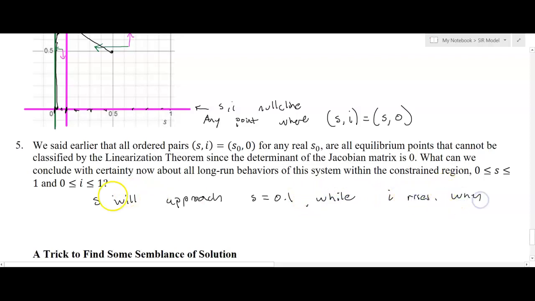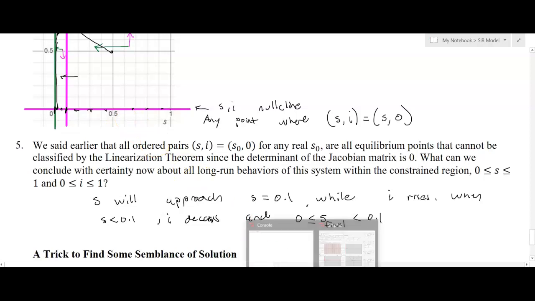When S is less than 0.1, that's the portion where we hit this side of the I nullcline, I decays, and S, we'll call this S final, the value of S will end up somewhere between 0 and 0.1. Very cool. So that gives us a good analysis of this system.